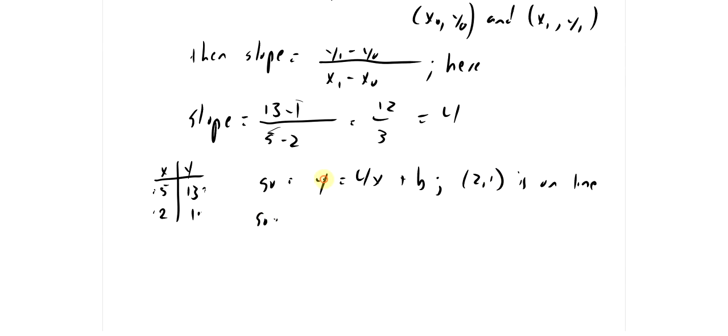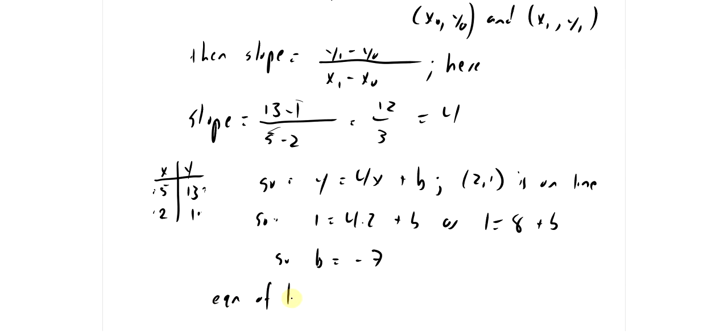Plug in 1 for y, plug in 2 for x. 1 equals 8 plus b, so b equals minus 7. And finally, the equation of the line is y equals 4x minus 7.